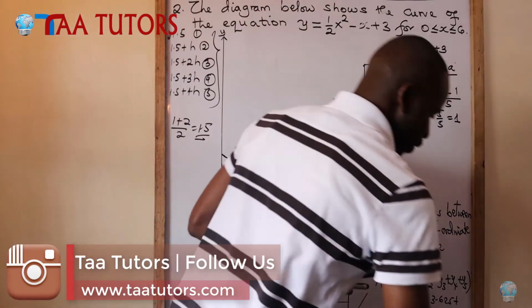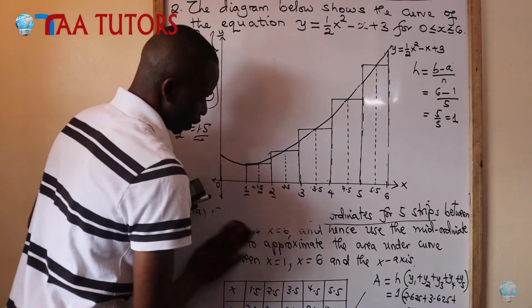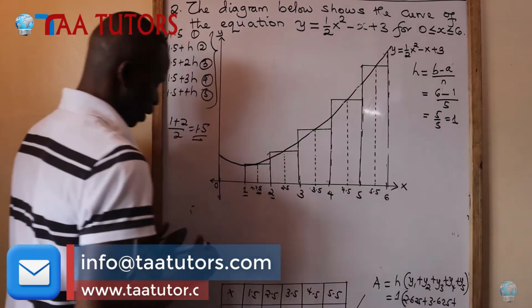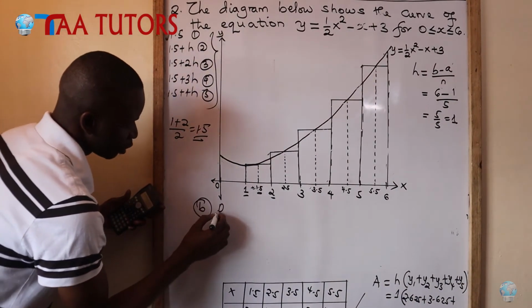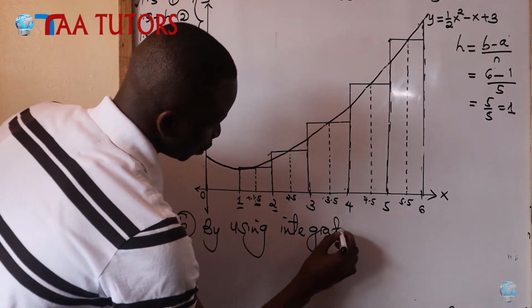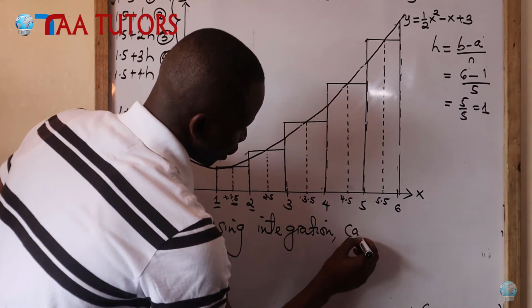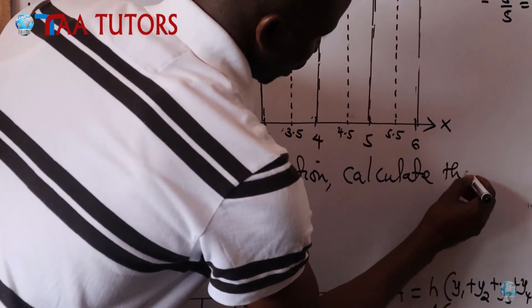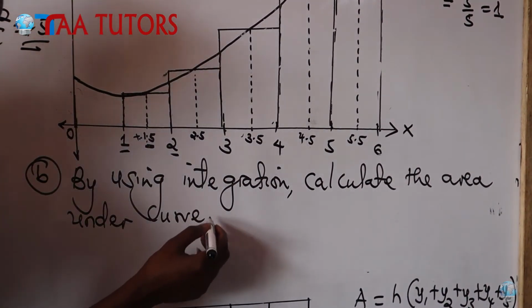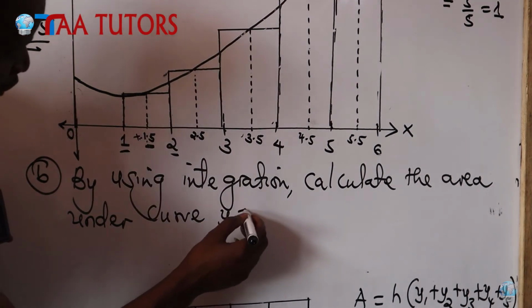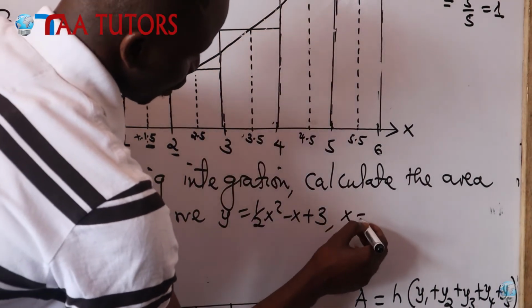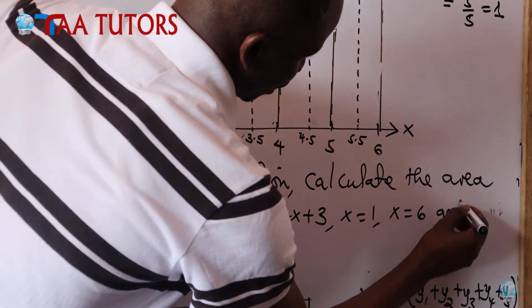Let us go to the second question, that's question B. By using integration, calculate the area under the curve y equals half x squared minus x plus 3, x equals 1, x equals 6, and the x-axis.